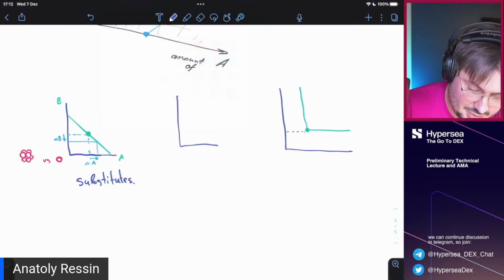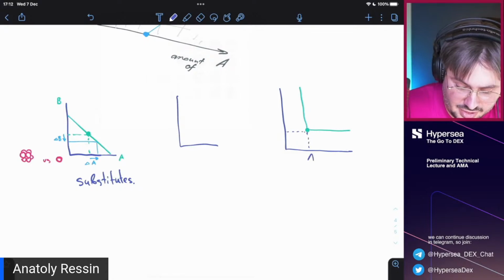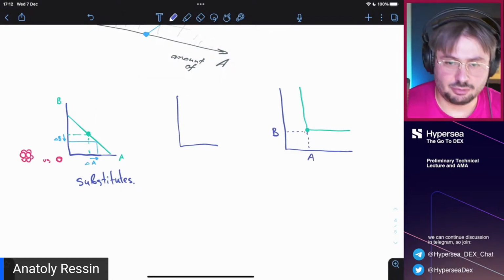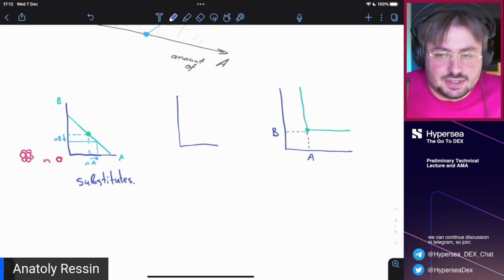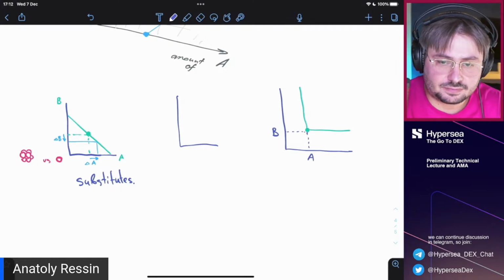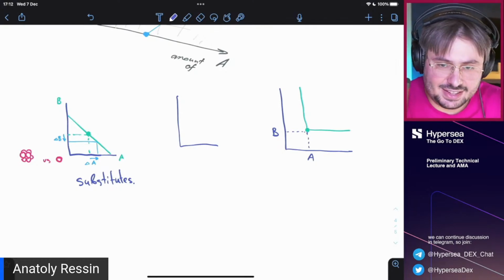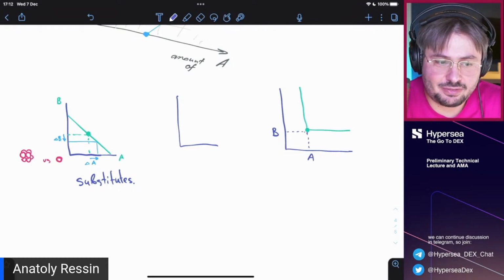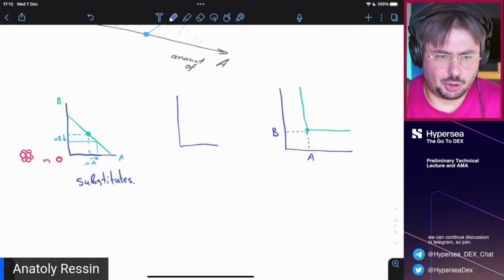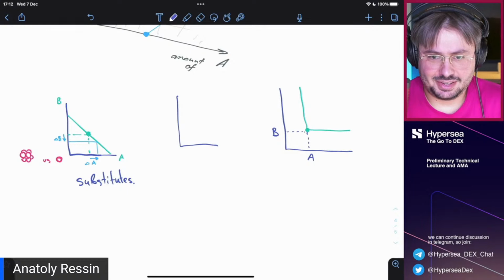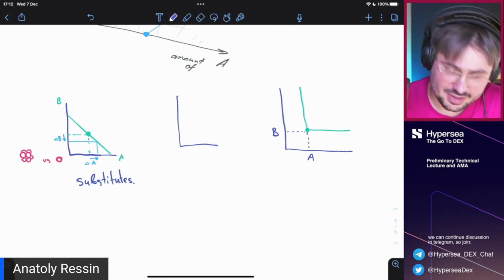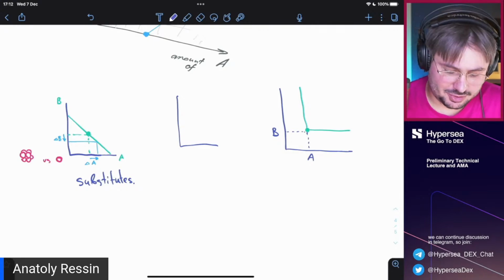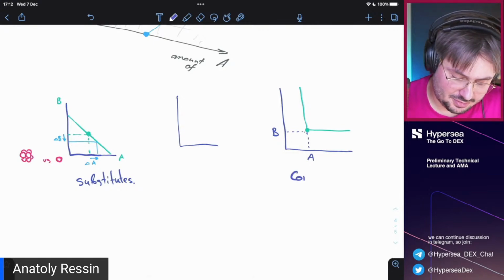Let's say that we have this amount of A and this amount of B. We can have this graph, a very strange curve, that corresponds to the situation when your products are absolute complements.